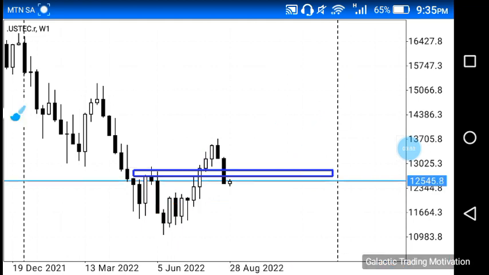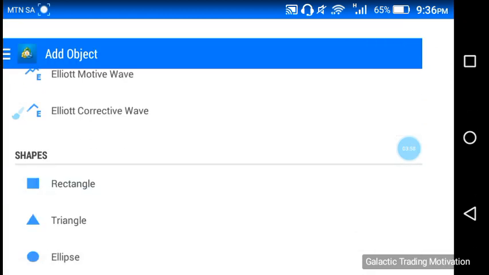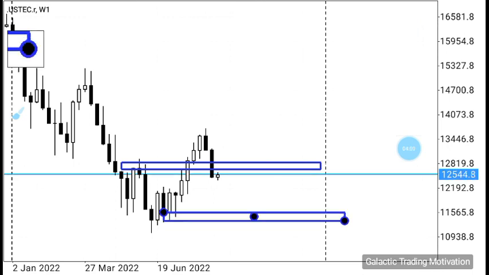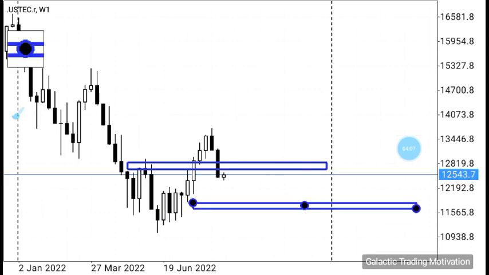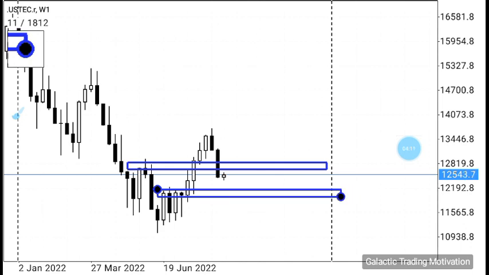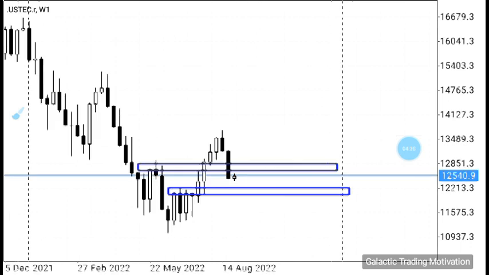So what I'm going to do now is also add a second neckline to that smaller W structure, because it is also very much important, and it is also a very strong level of support. So just bear with me guys as I add that neckline or that support line. Yeah, just to reiterate, just remember that necklines are areas and not an actual line, right? So there you go.